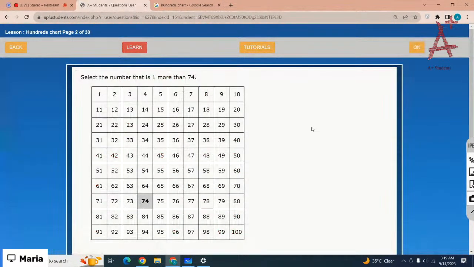Okay, the next one is select the number that is one more than 74. So which number is one more than 74?